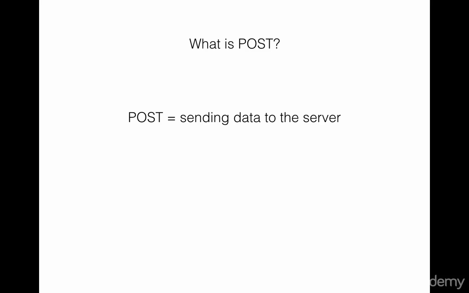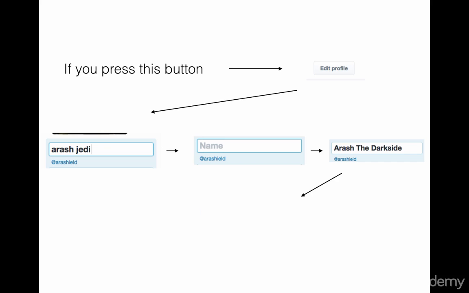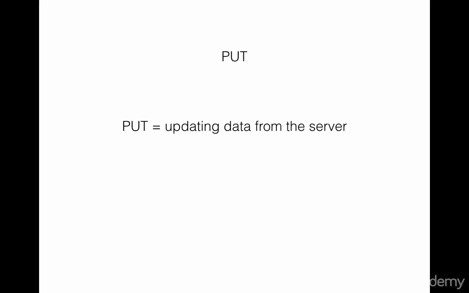If you go back to the slides, this is my current username, and then I clean it off and change it into a new name, and I press save. It replaced the data in the database with the one that I sent. But you can still use the post method to update the data. There's not much difference between them, and I will show you later during the coding session.